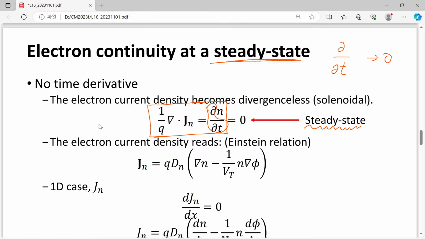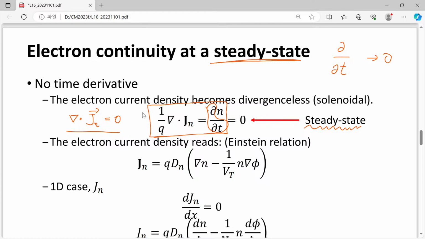So now it can be simply written as, okay, the divergence of our current density should vanish. That is the simple form of our steady state continuity equation.